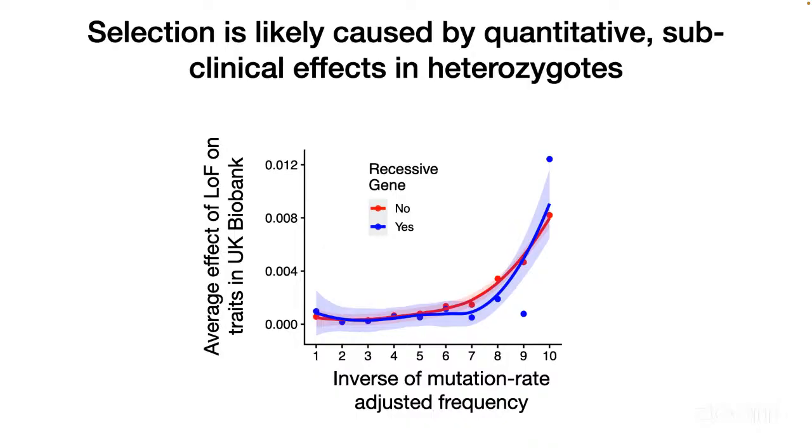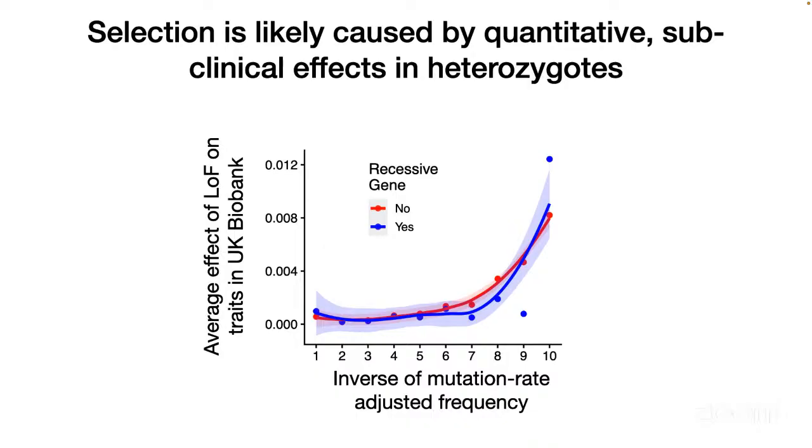And then the y-axis here is some measure of the average effect on traits. So it's the average squared effect, and it's an unbiased estimate of the average squared. Each dot here is a bin of genes. And they're spread out by whether they're one of our recessive disease genes or not. You can see that these line up pretty well.